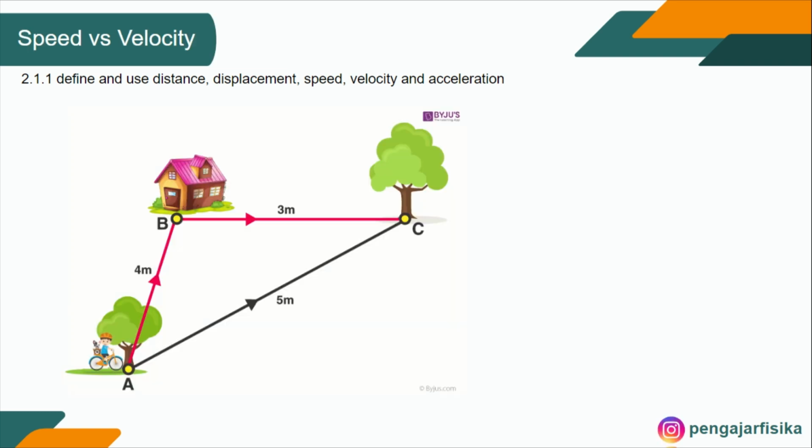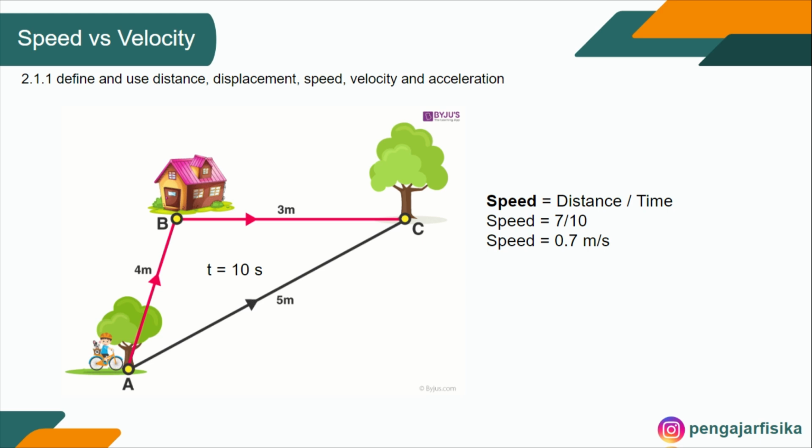Now, let's define speed and velocity using the same example. Suppose the boy took 10 seconds to cycle from A to B and then to C. Speed is the total distance traveled divided by the time taken. It's a scalar quantity, so it only has magnitude, and the speed of the boy is 0.7 meters per second.